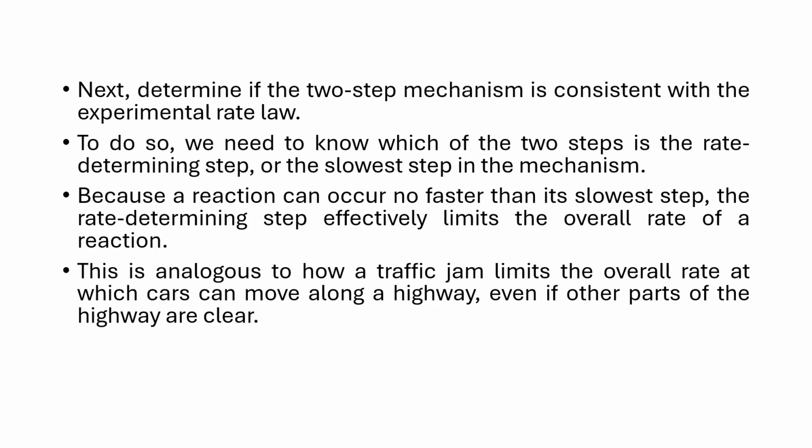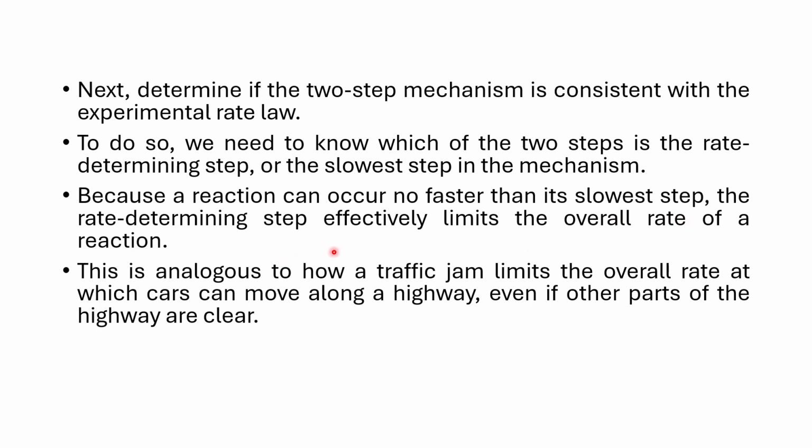So next, we need to determine if the two-step mechanism is consistent with the experimental rate law. To do so, we need to know which of the two steps is the rate determining step, or the slowest step in the mechanism. Why? Because a reaction can occur no faster than its slowest step.